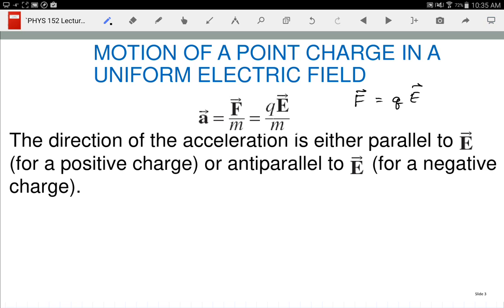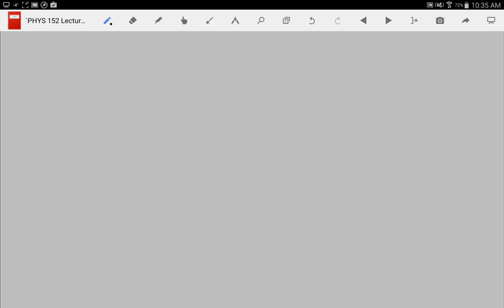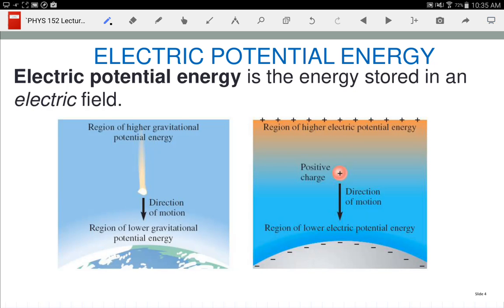And if it's accelerated, its kinetic energy is going to change, right? It's going to have a different speed. So there's going to be work done and a change in energy. And so what we're going to focus on today is looking at the energy for charge as it relates to other charges or electric fields.